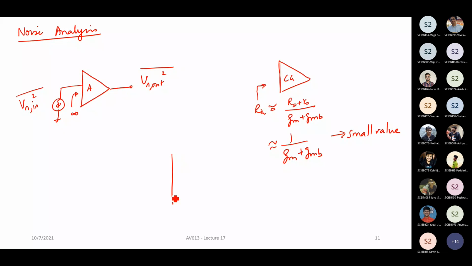And therefore, for these types of circuits, we denote them as something like this. You have a Vn in squared and you have an In in squared bar.